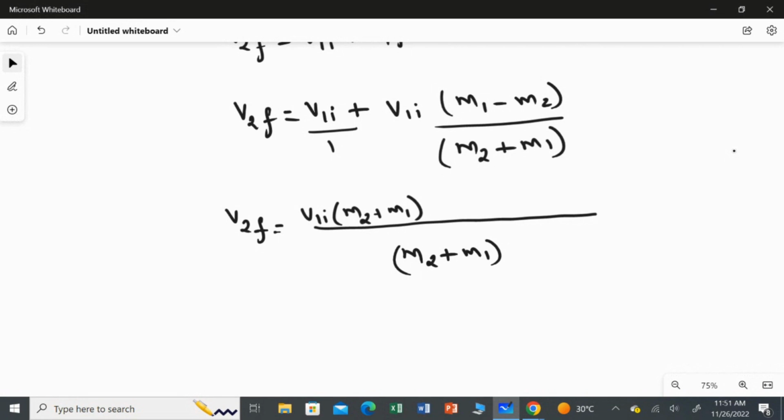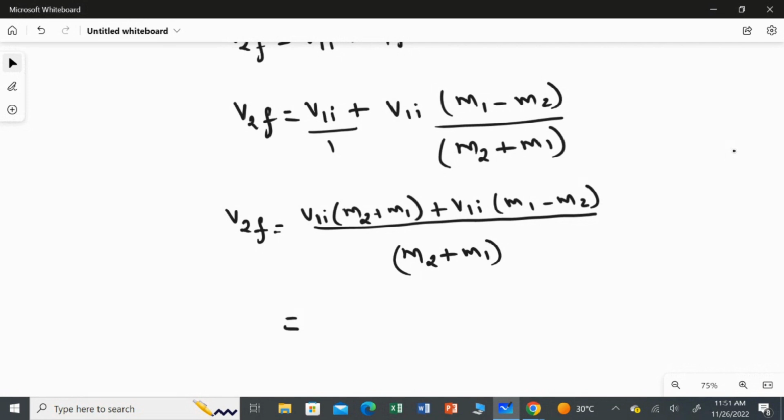We can write the numerator as it is, plus V1 initial multiplied by m1 minus m2. Clear? Now I am going to multiply this V1 initial inside, and likewise I am going to multiply this V1 initial here also. Clear?